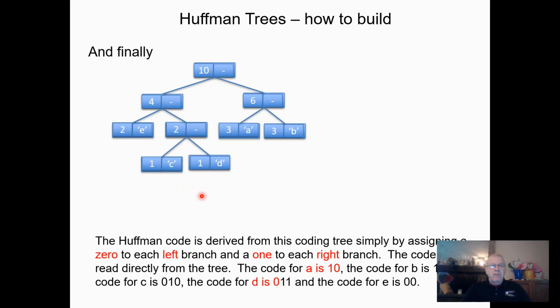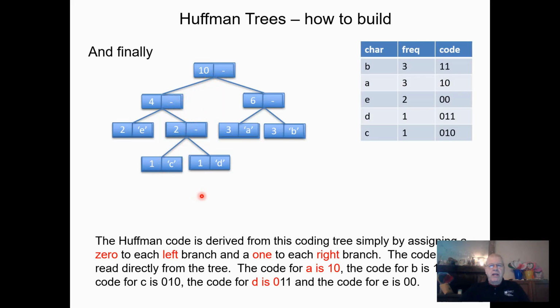So the next step is to build a table that corresponds to each of those derivations of the letters. So here we have the table that corresponds to this tree. You see that B is 1, 1. A is 1, 0.